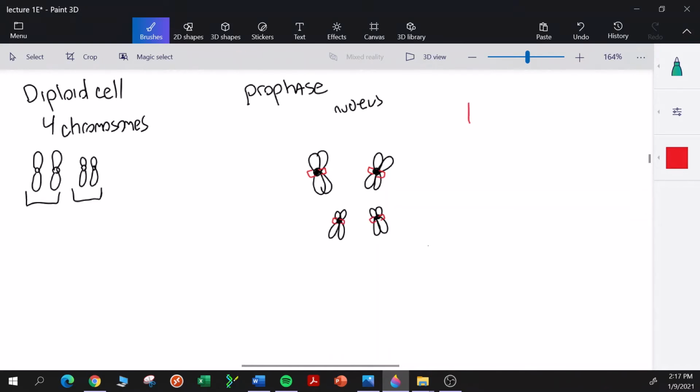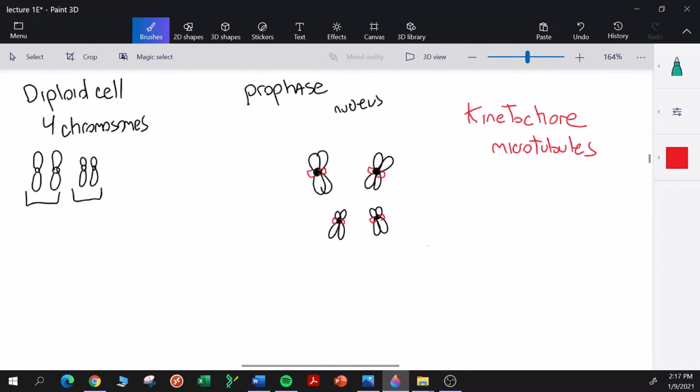So what is a kinetochore? The kinetochore is where these things called microtubules will attach. The microtubules attach to the centromeric regions, but they don't attach directly to the DNA.